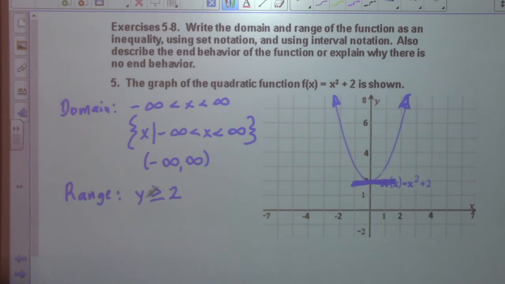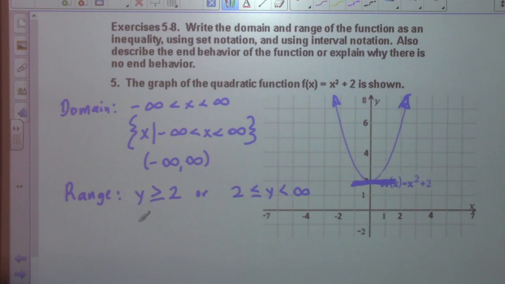To me, this is the most efficient way of writing it. Also, you'll see it written like 2 is less than or equal to y, which in turn is less than infinity. I think the one on the left is more efficient, but each one is equally valid.